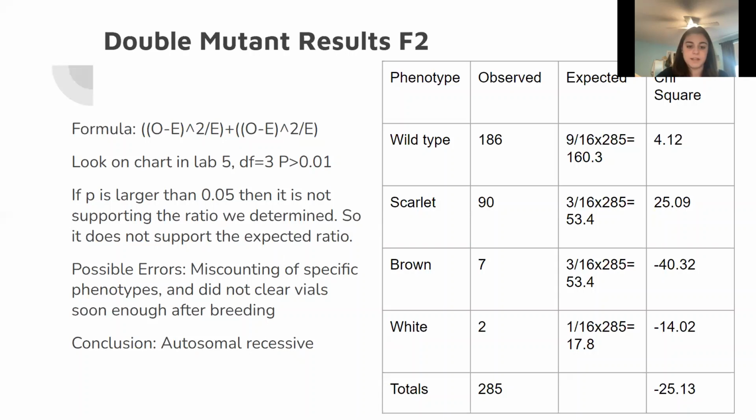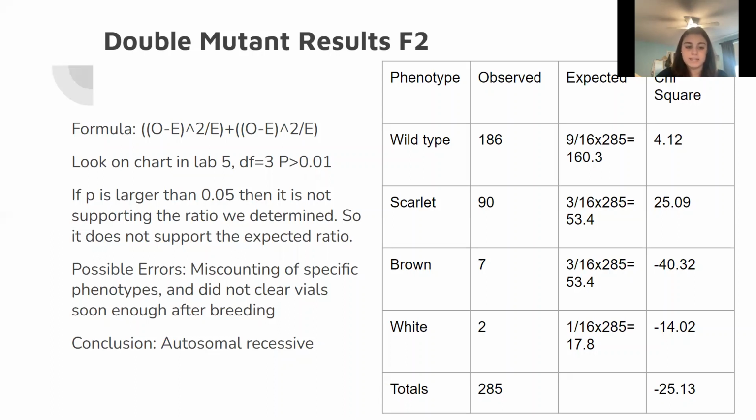Considering that our p-value is larger than 0.05, we concluded that our data does not support the expected ratio that we predicted, and we determined that there was no epistasis effect due to the fact that we were visibly able to see all 4 eye colors.